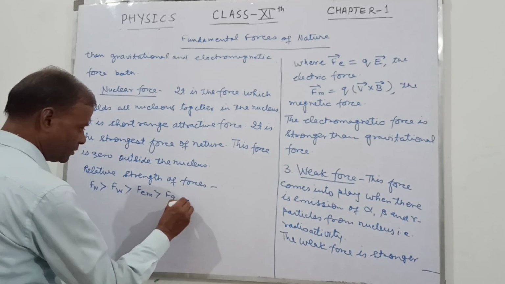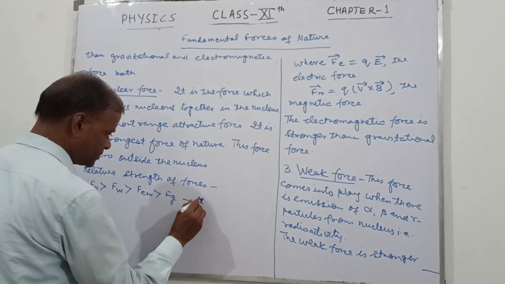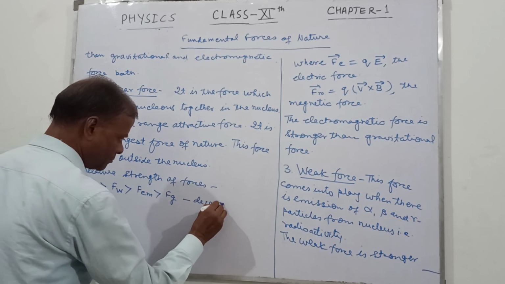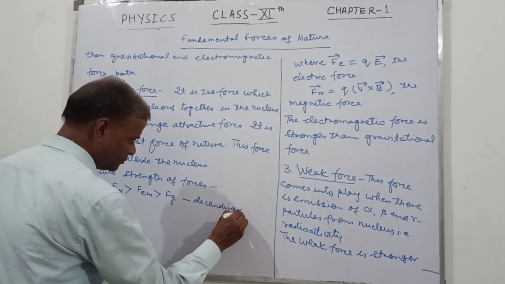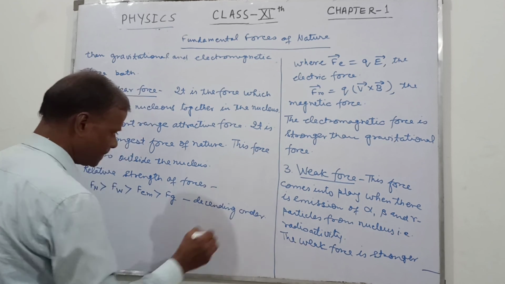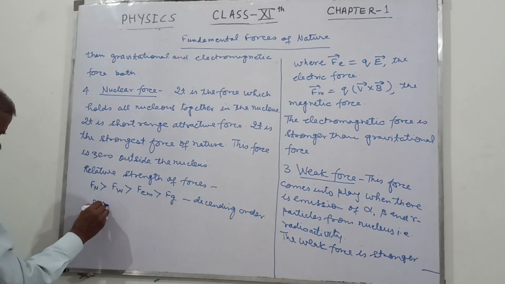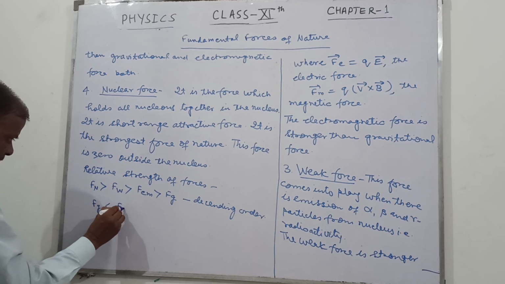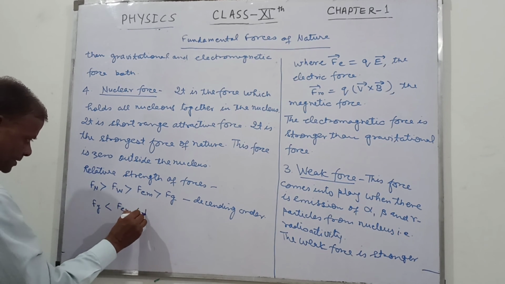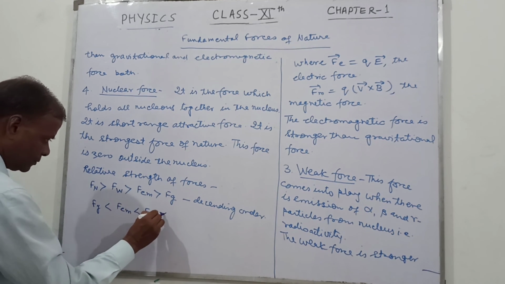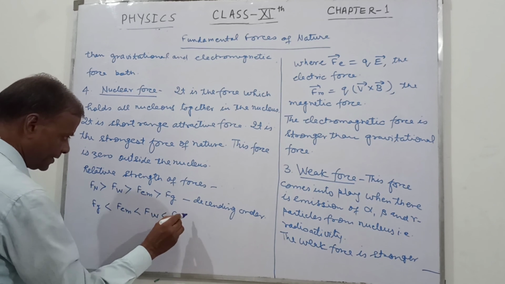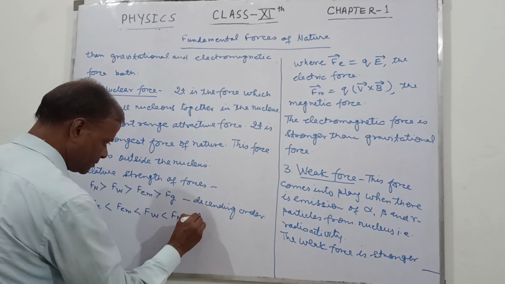This is the descending order. Or we can have Fg less than Fem less than Fw less than Fn. This is the ascending order.